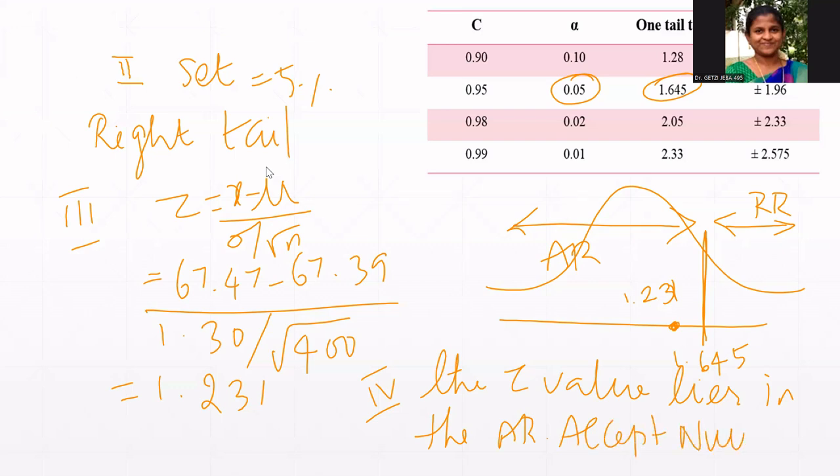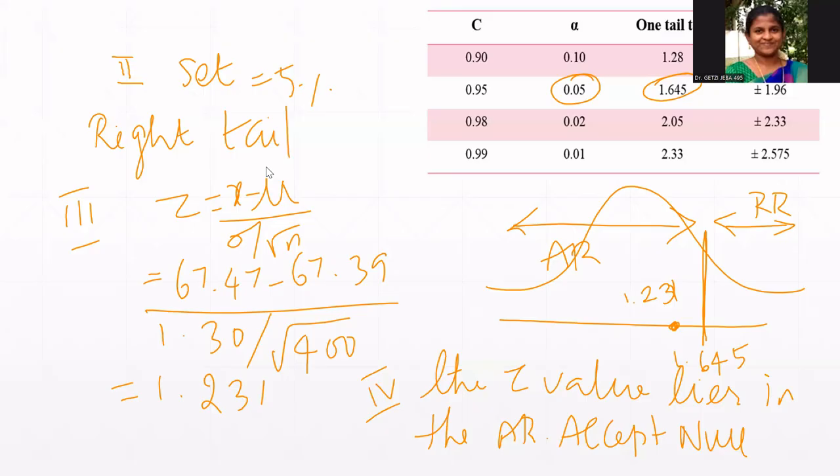What is the null hypothesis we made? That is mu equal to 67.39. So yes, the population mean can be considered as the sample mean, which is calculated over the 400 male students. We'll see one more example as well.